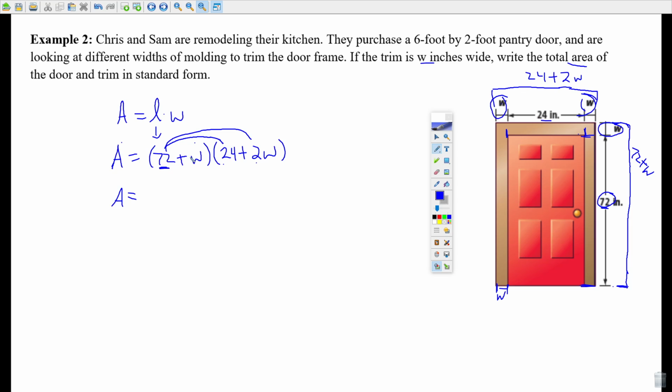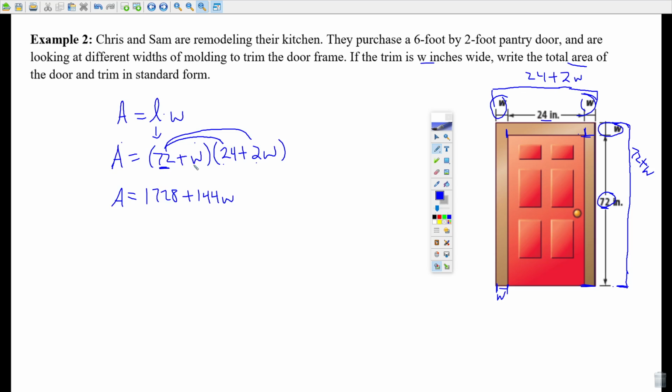And so we'll multiply that out. 72 times 24 is 1728. And then we have 72 times 2W, which would be 144W. That takes care of the first part with the 72.